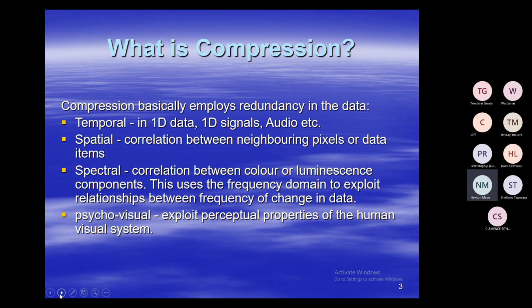We need to eliminate them because we know that eyes will never see them. But there are so many. What we see in the real world is less than 10% of what is existing. Otherwise, if you were seeing everything, you could see the COVID viruses that are moving around you, flu and everything, and you would run away. But we see very little in the real world, sufficient for us to understand the world. So files, if they keep all that information, will be very large.